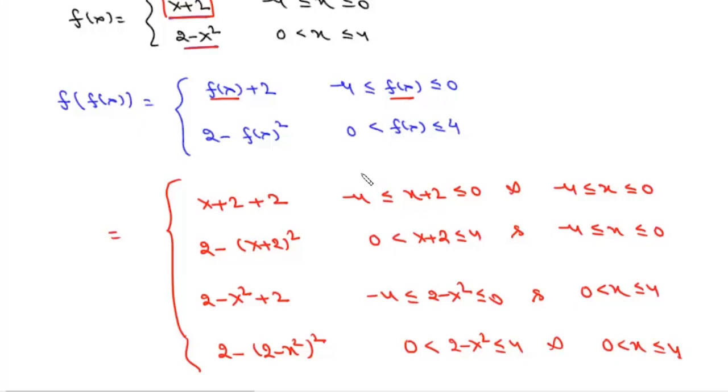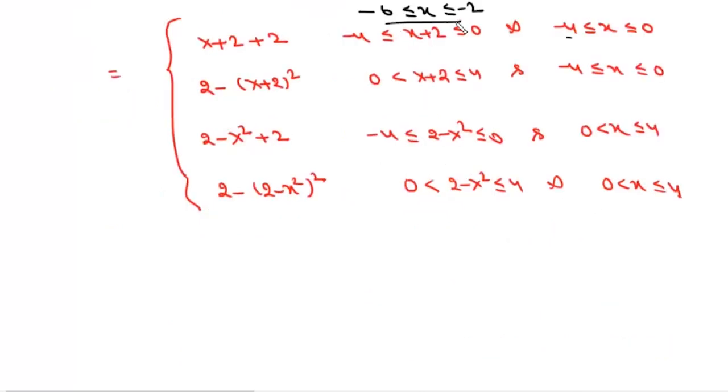Now here the value of x is minus 6 is less than x is less than minus 2, and here it is from minus 4 to 0. Now if we take the intersection of these two conditions, we'll get the value of x between minus 4 and minus 2. So the first definition is from minus 4 to minus 2, and it will be this x plus 4.